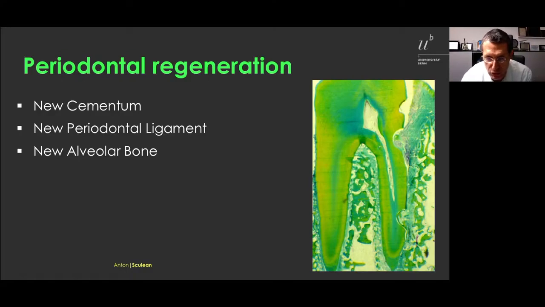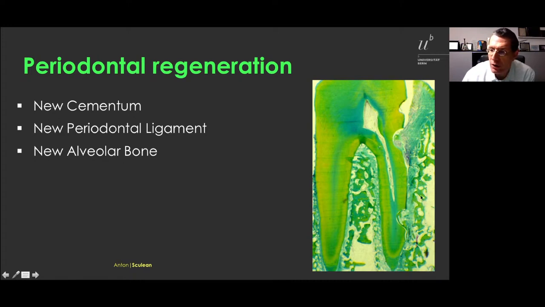So all the tissue that forms coronally to that notch is newly formed periodontal tissue. So coronally to the notch, what you can observe is this dark green line indicating a newly formed cementum. You can see newly formed periodontal ligament connected to the newly formed bone.